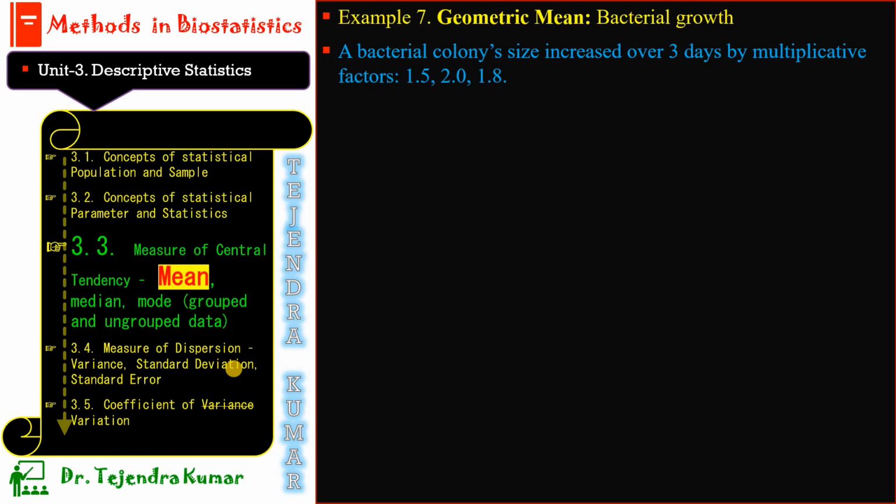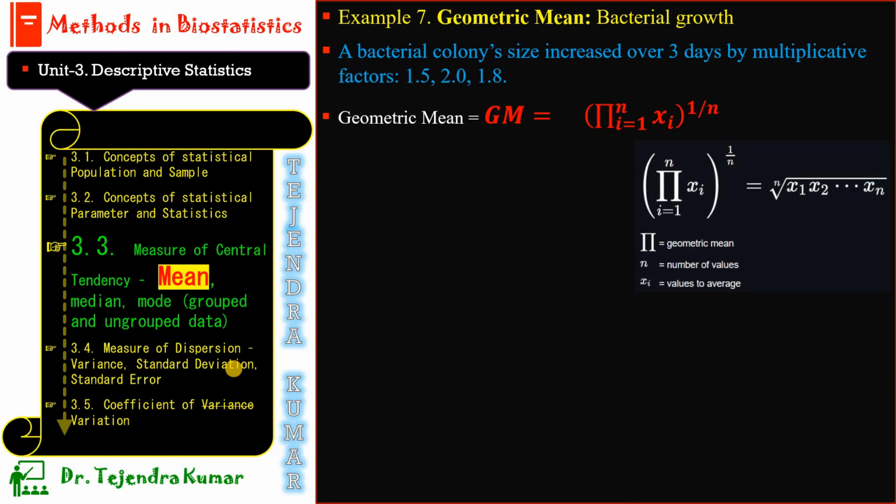Next is the geometric mean for bacterial growth. A bacterial colony's size increased over 3 days by multiplicative factor, and that is 1.5, 2.0, 1.8. Geometric mean, the formula is same. So we put all the values. Now 3 root 1.5 multiply with 2.0 into 1.8 and answer is 1.75.